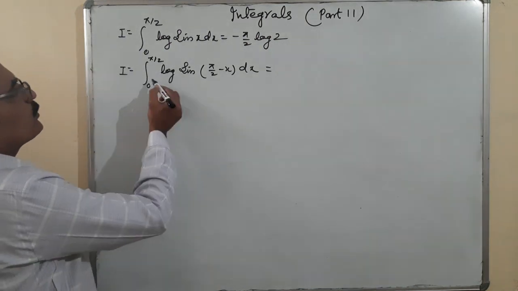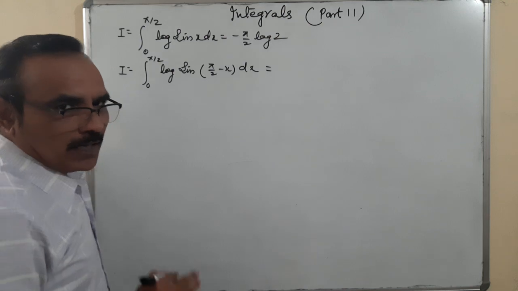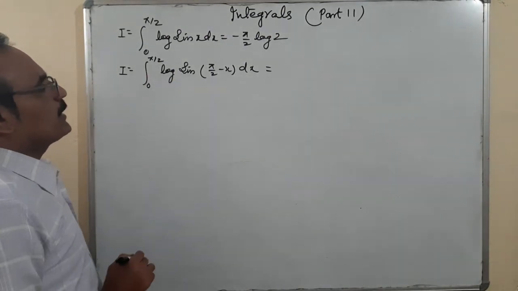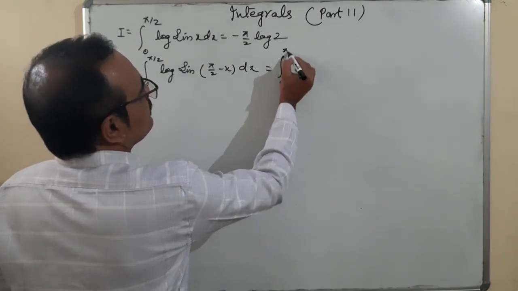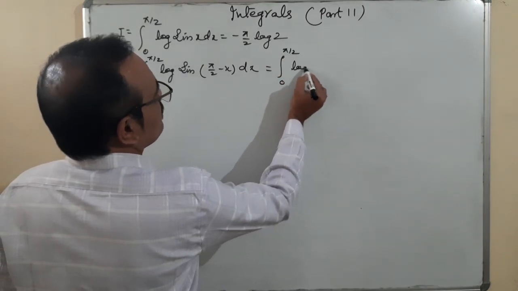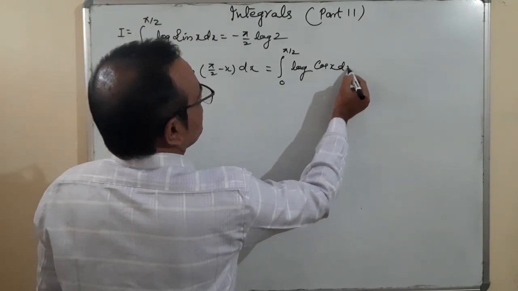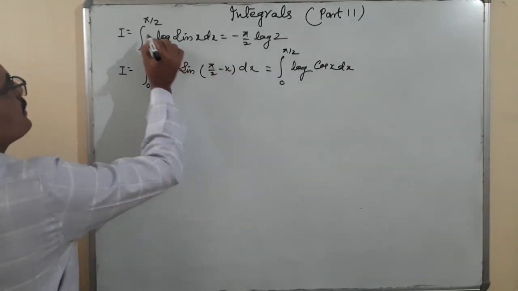This property will be used heavily in all the questions. So it is the integral from 0 to pi by 2 of log sin (90 minus x), which is log cos x dx.